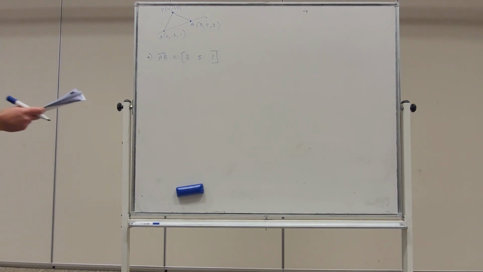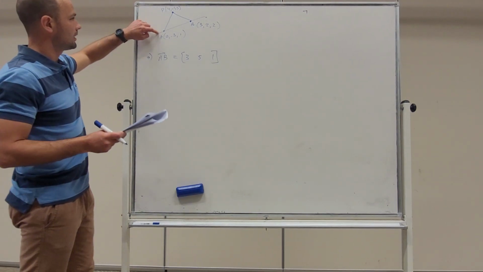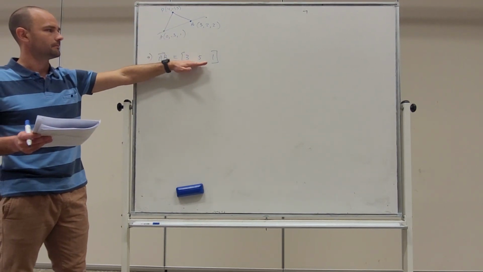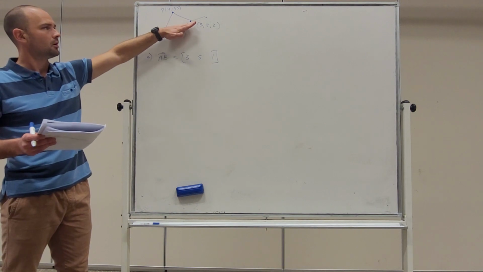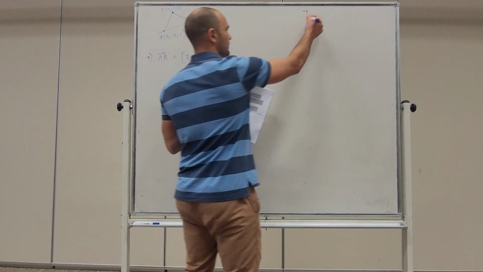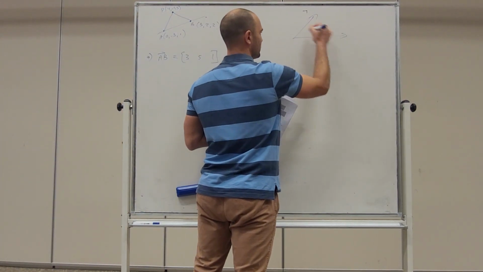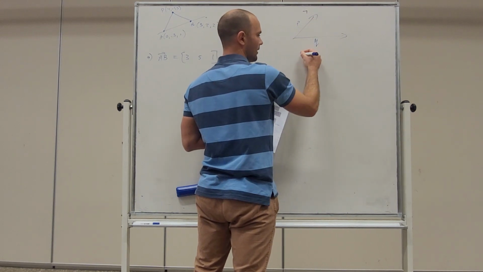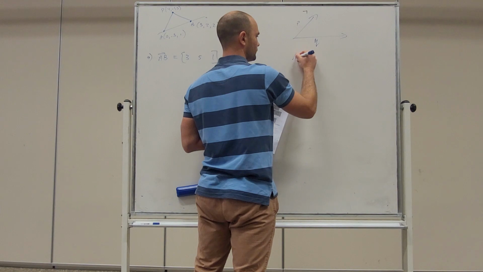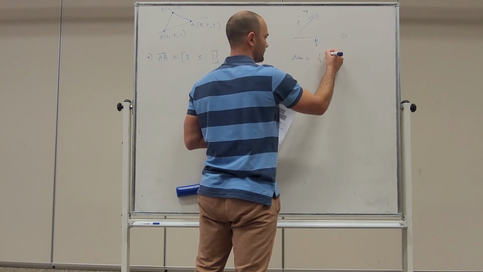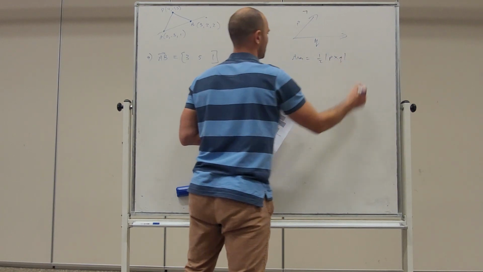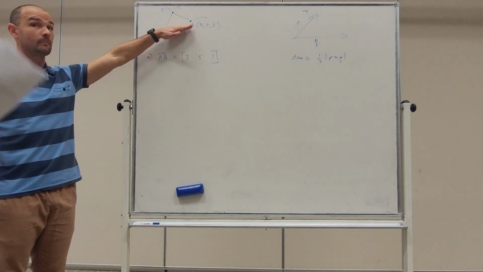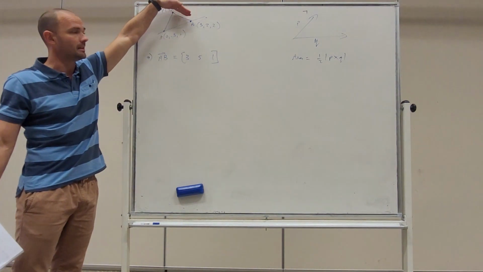Part B says find the area of triangle APB. Now the reason it got us to find vector AB is because if we have a triangle composed of, let's just come up with 2 vectors P and Q, the area of this triangle, here's the formula, is half the modulus of P cross Q. So we've found vector AB. Now that means we're not going to find vector PB or anything like that.